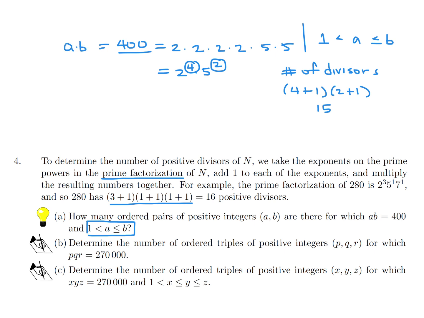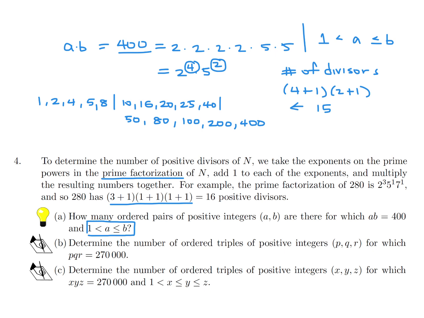All right, the first thing I'm going to do is list all these 15 divisors. So we've got 1, 2, 4, 5, 8, 10, 16, 20, 25, 40, and then 50, 80, 100, 200, and 400.